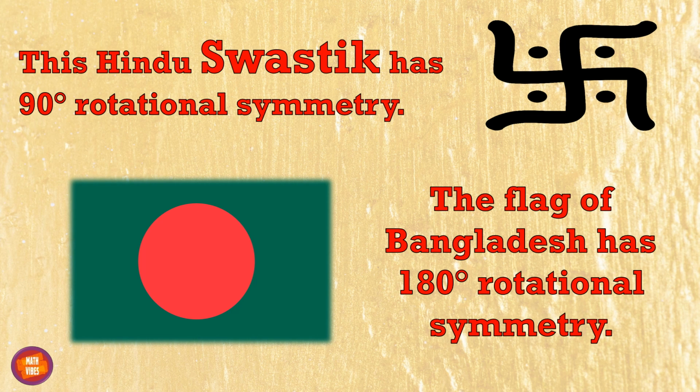Now this is just an example that I have taken; there are many national flags of different countries that have rotational symmetries. You can check out many on your own also, what type of rotational symmetry they have. This is just an example that the flag of Bangladesh has 180-degree rotational symmetry.